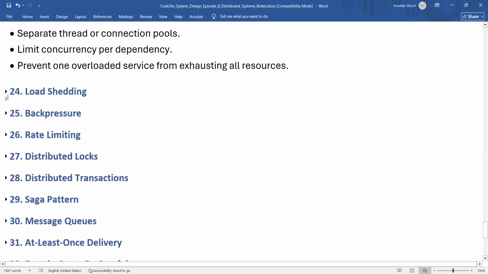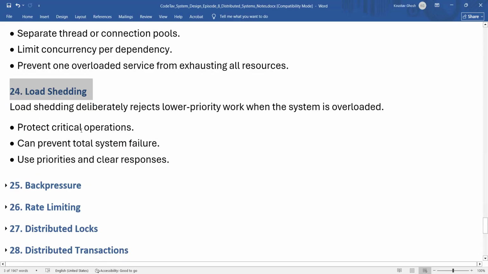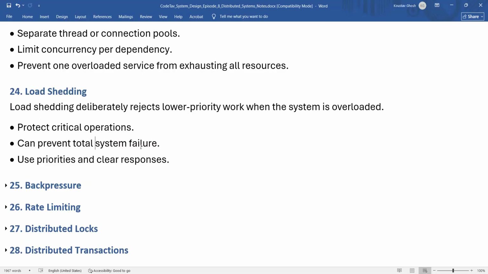Next is load shedding. So sometimes the system receives more traffic than it can handle. So instead of allowing everything to fail, we can intentionally reject some lower priority requests. So this is called load shedding.